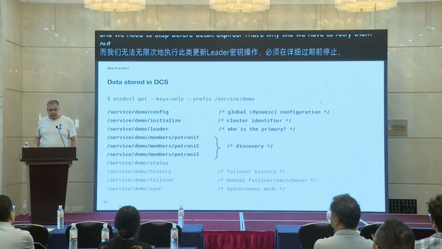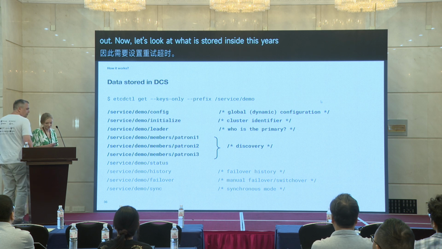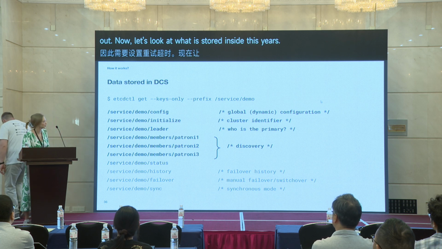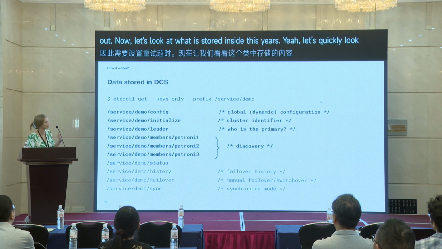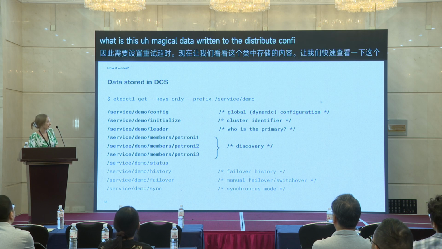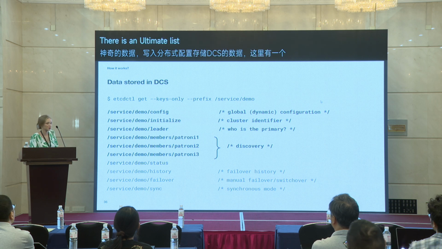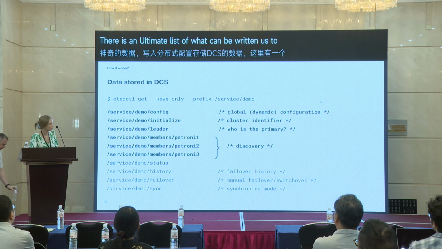So, yeah. Now let's look at what is stored inside the DCS. Let's quickly look at what is this magical data written to the distributed configuration store. There is an ultimate list of what can be written to your distributed configuration store when Patroni is using it.